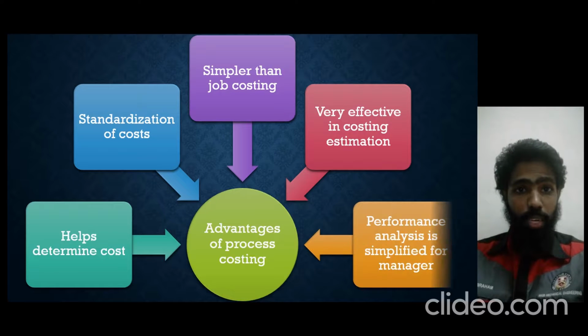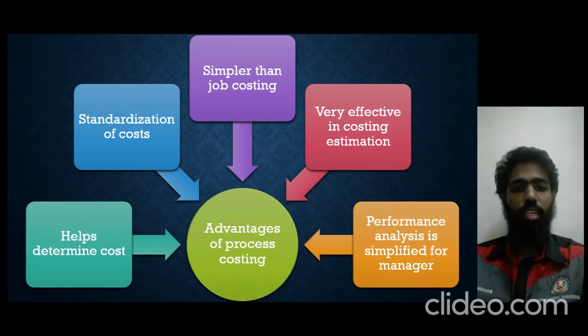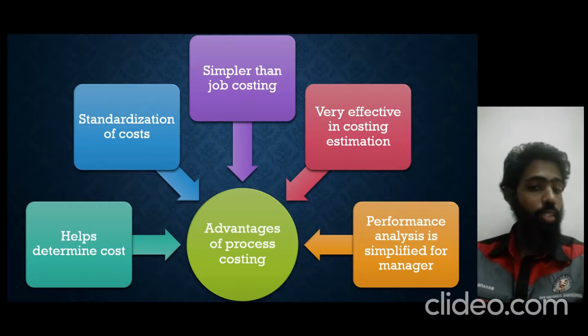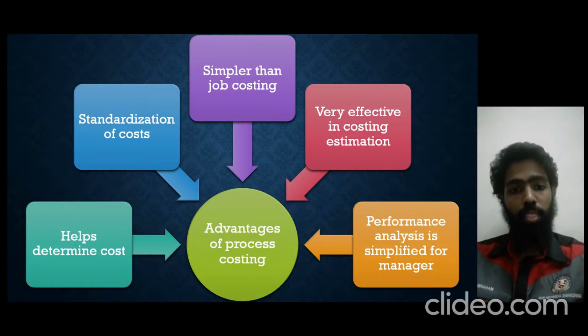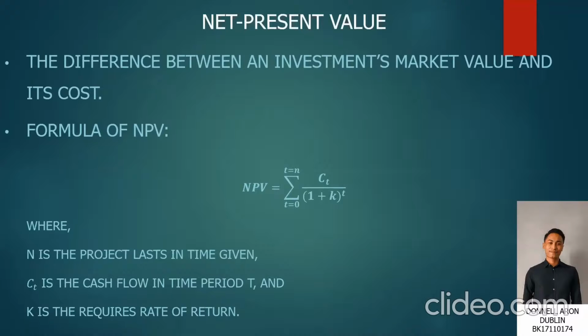Last but not least, performance analysis and managerial control is facilitated to a greater extent, whereby the availability of cost data in the form of prompt and accurate cost reports is required for proper costing and for plans to reduce the expenses involved in costs, so that the profit margin can be increased. So these are the advantages of process costing. Thank you.